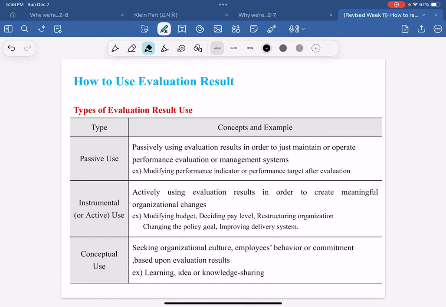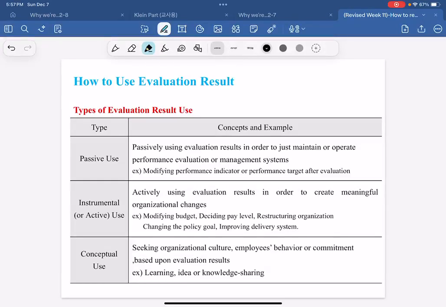Regardless of improving actual policy performance and outcomes. In passive use, on the basis of the evaluation result, performance indicators are sometimes measured, and the performance targets are adjusted after evaluation. This is very passive and a very small use of evaluation result.